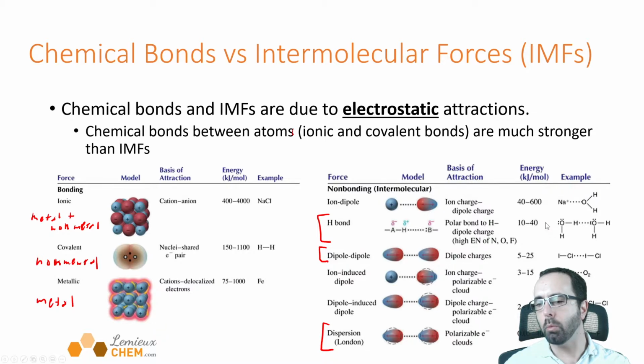They can be almost as strong as hydrogen bonding, but these are only for very, very large molecules. Remember, London dispersion forces get bigger as molecules get bigger. And so London dispersion forces can be quite large for large molecules. But for molecules of similar size, hydrogen bonding and dipole forces are much, much stronger than London dispersion forces.